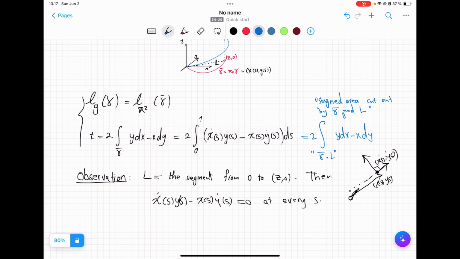Now we have the conditions, we can read them as follows. The horizontal length of gamma equals the Euclidean length of gamma bar, and we have the restriction that the area enclosed by gamma bar and the line segment must be t.